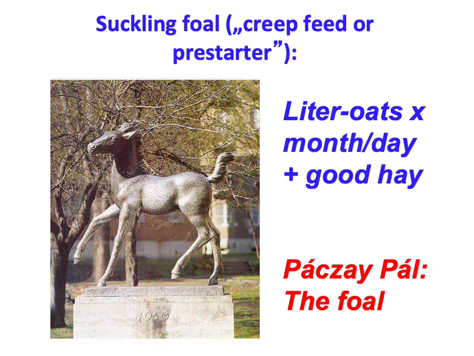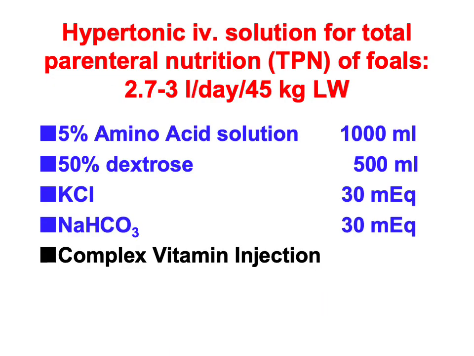There is also a hypertonic IV solution in case of necessity for total parenteral nutrition, TPN, of foals, and the amount per day for 45 kilo of live weight is approximately 3 liter. And here you see the amino acid solution, dextrose, potassium chloride and sodium bicarbonate with complex vitamin.